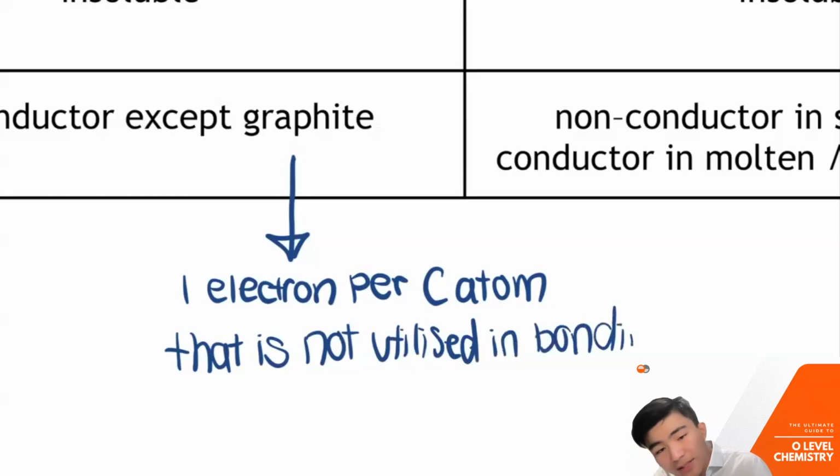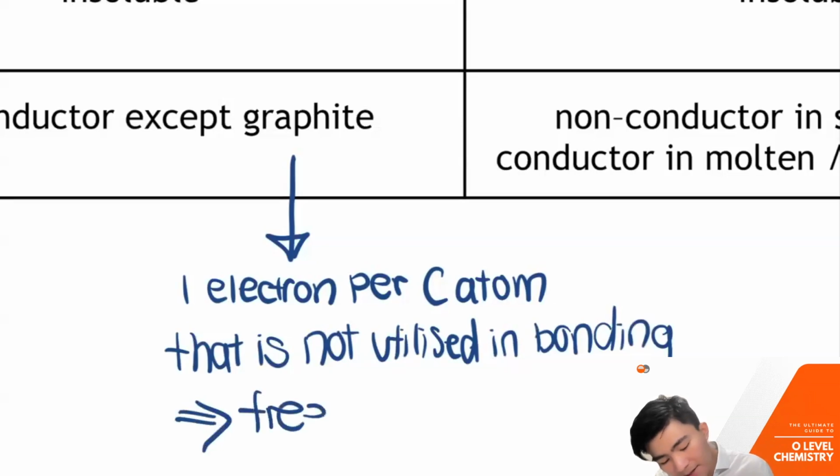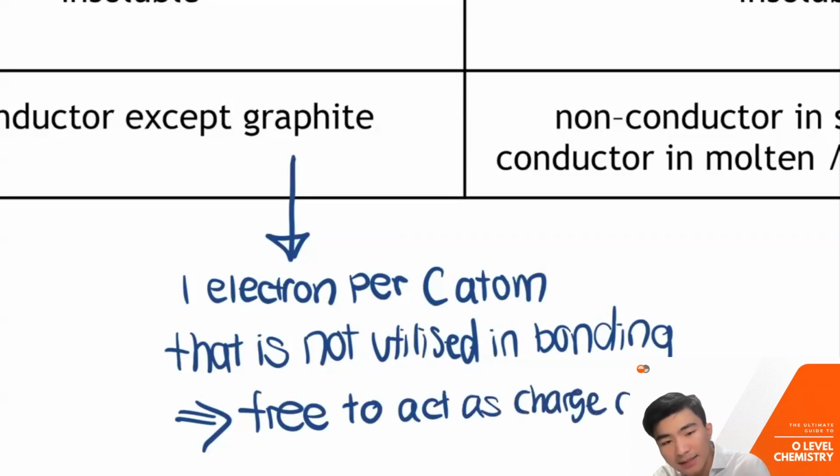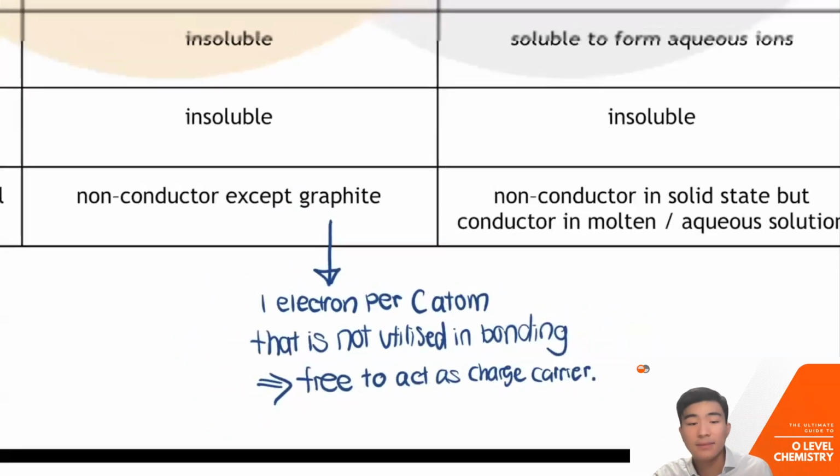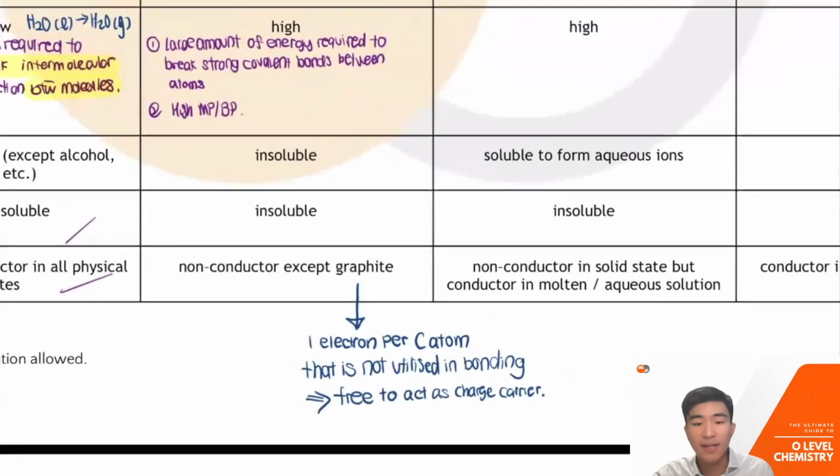Because they do not utilize it in bonding, they are free to act as charge carriers. Hence, they can conduct electricity. So this is for graphite.